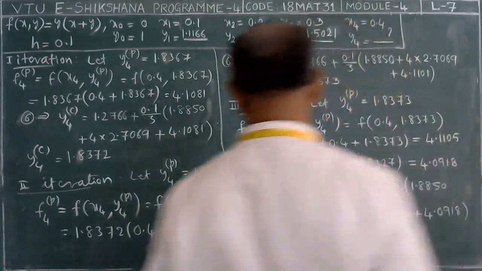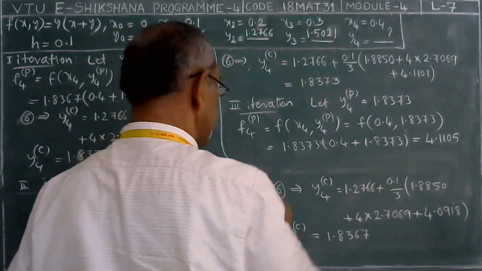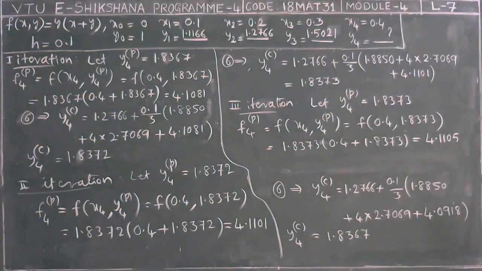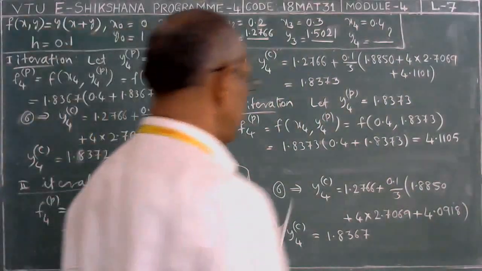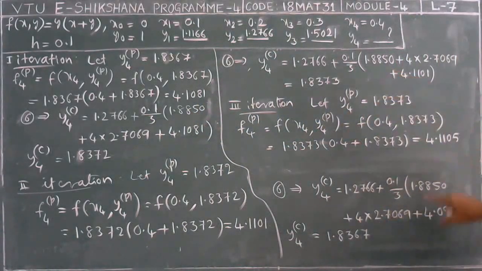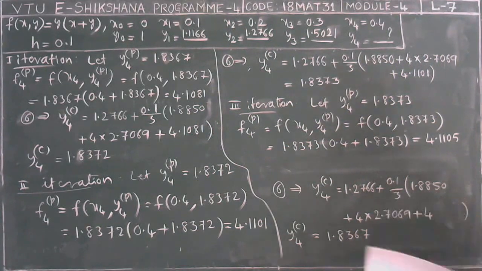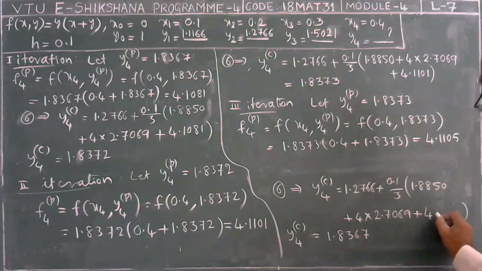4.110. So therefore, substitute in 6. 1.276 is everything same, 0.1 by 3, these also same, 4 into 2.7069 same, only the last value will change, 4.110.